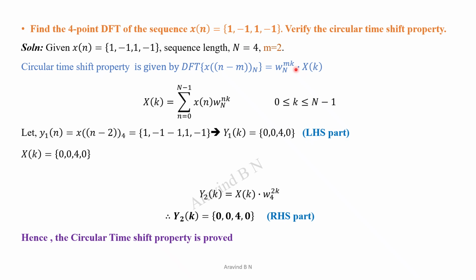We consider that as y2(k). By applying the property and the respective values, we get y2(k) equal to 0, 0, 4, 0.